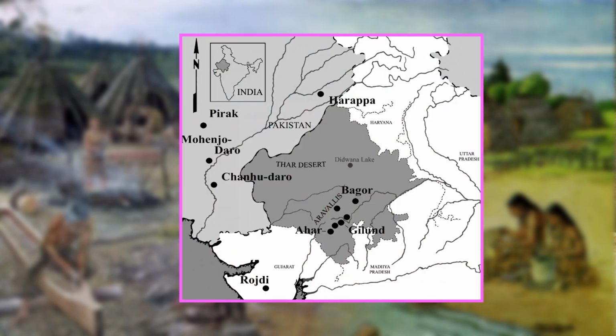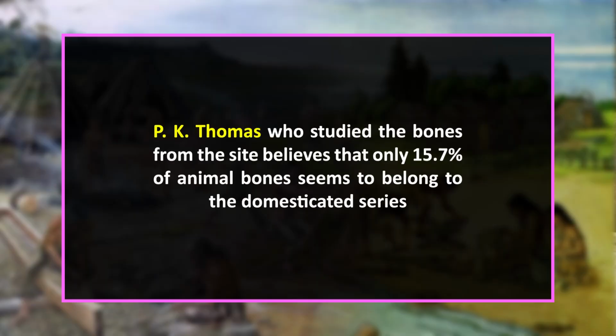However, there is considerable difference of opinion regarding animal species. For example, Bagor, which is located in Rajasthan, yields evidence about a number of animals dated back to the Mesolithic period. P.K. Thomas, who studied the bones from the Bagor site, believes that only 15.7% of animal bones seem to belong to the domesticated series.